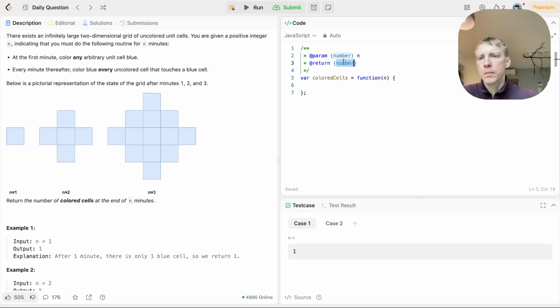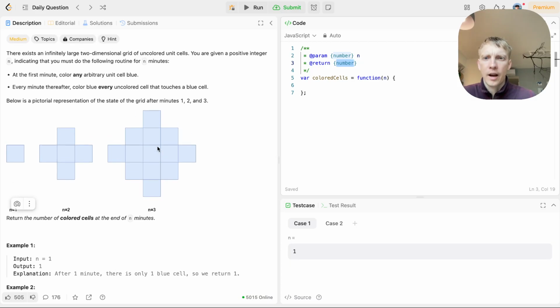So the problem is not about creating a matrix of cells or something like that. I think it can be solved by a formula where I calculate the number of cells that should be summed with the previous number.